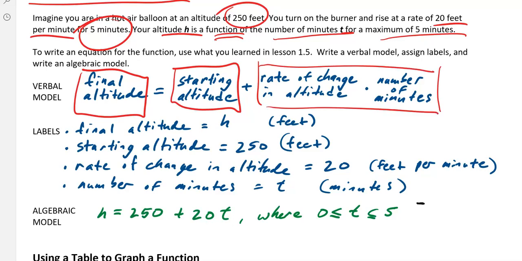So if we label these, the final altitude, we don't know what that is. We're going to call that h, and that's in feet. The starting altitude is 250, and that's in feet. The rate of change in altitude is 20 feet per minute, and the number of minutes, well, we don't know. That's t. That varies. And that's in minutes.